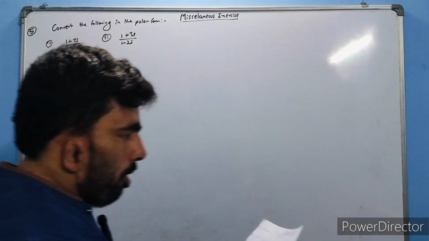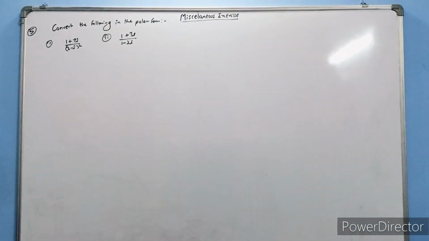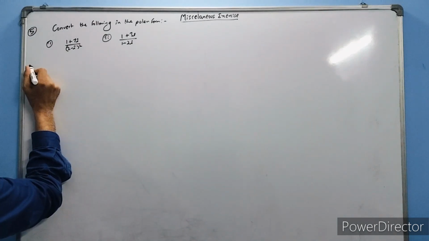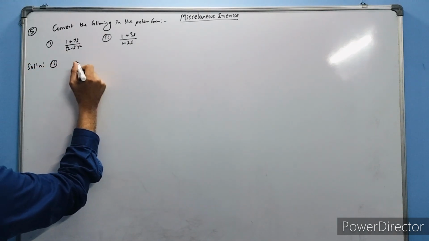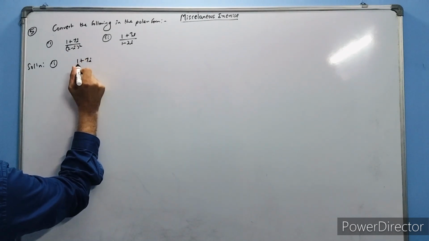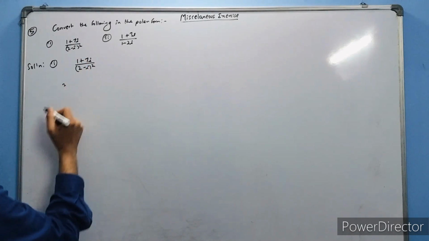Okay, so let us see how we are able to convert them in the polar form. We'll solve the first part first. So we have (1 plus 7i) upon (2 minus i) whole square.